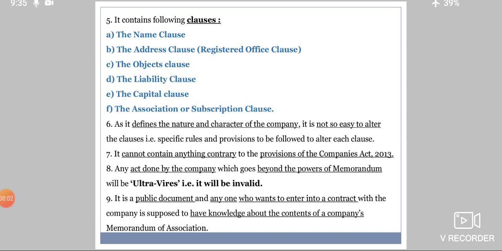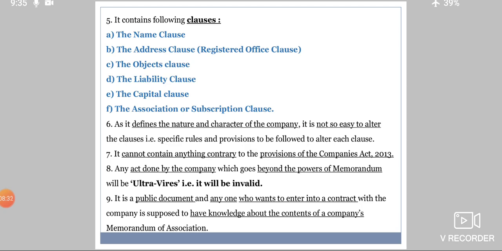Now, the memorandum of association cannot contain anything contrary to the provisions of the Companies Act 2013. That means it should not contain anything which is not allowed or not mentioned in the Companies Act 2013. Now, any act done by the company which goes beyond the powers of the memorandum will be ultra vires, that is, it will be invalid.